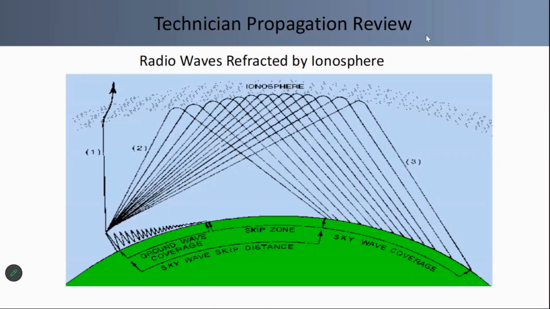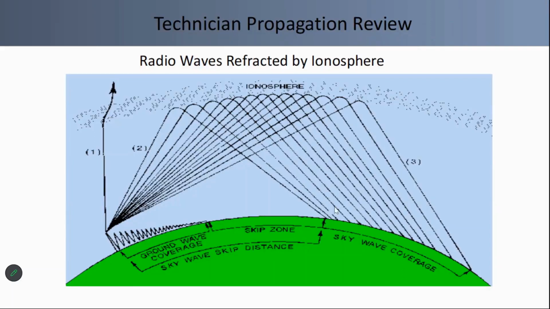Here's a graphic that I hope depicts that. Here is the signal source. You'll notice that the angle at which the signal leaves has an impact on how far it goes. A higher takeoff angle is going to come back to the Earth sooner.